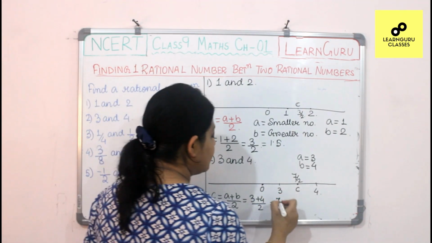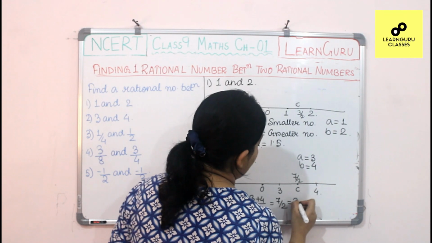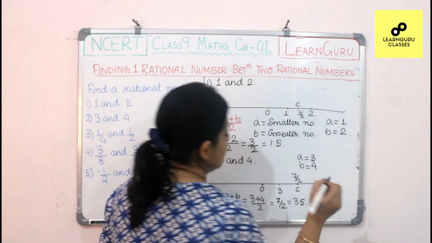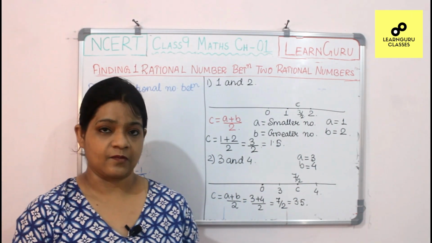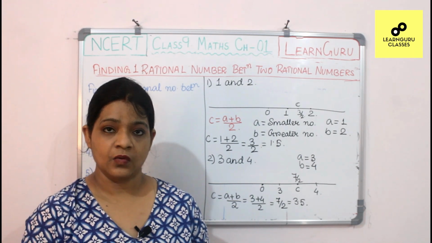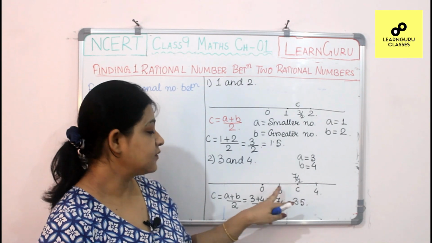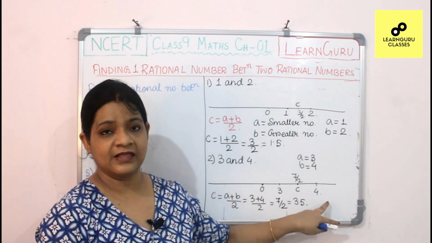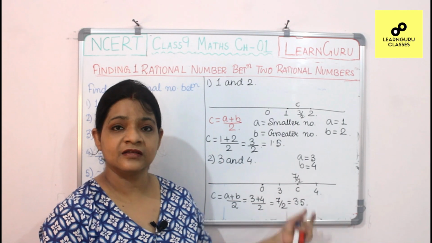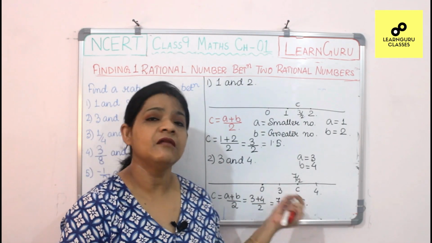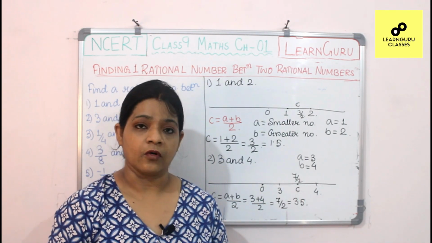You can keep it in the form of a fraction or convert it into the equivalent decimal expansion. Here also 3.5 is greater than 3 but less than 4, so it is the mean value between 3 and 4.